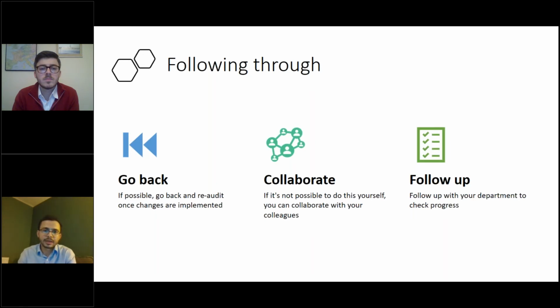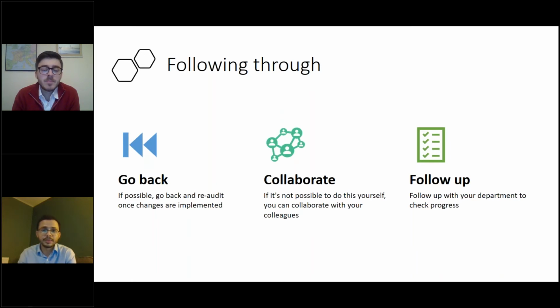Now, sometimes this might not be possible because you might have rotated onto a different trust, you might even have rotated onto a different geographical location. In these instances, it's quite important to collaborate with other team members. You might wish to speak with doctors who you know are going to be there in that department for a longer duration of time than you are.